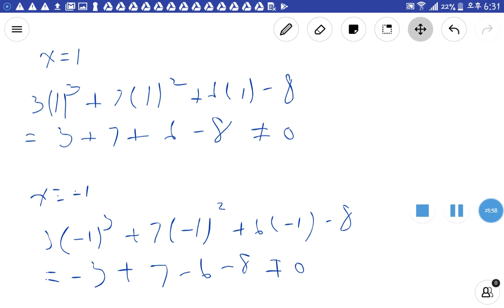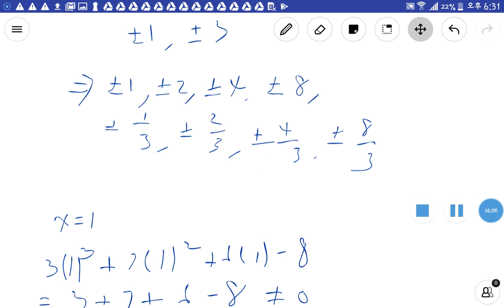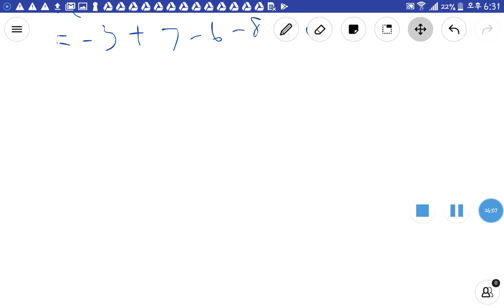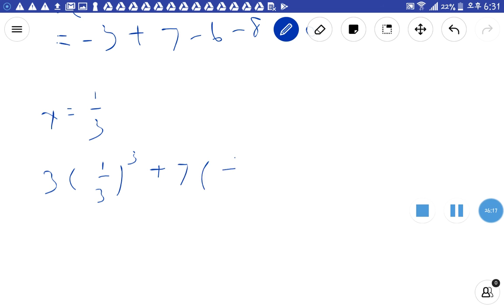What about x equal 1/3? So 3 times 1/3 cubed plus 7 times 1/3 squared plus 6 times 1/3 minus 8.